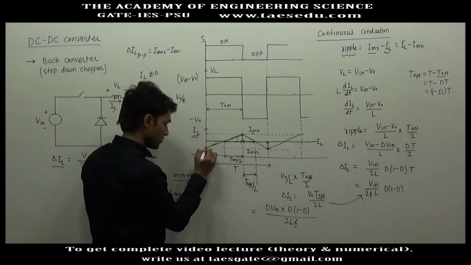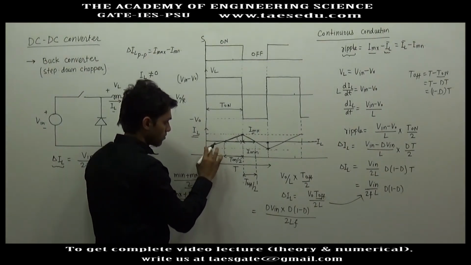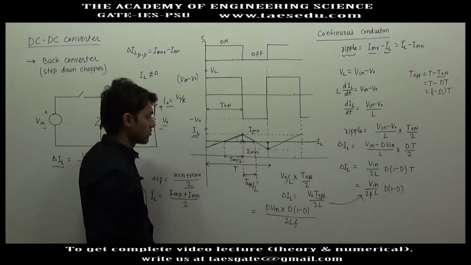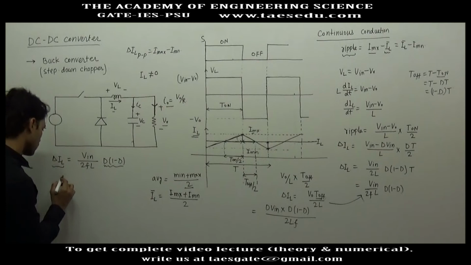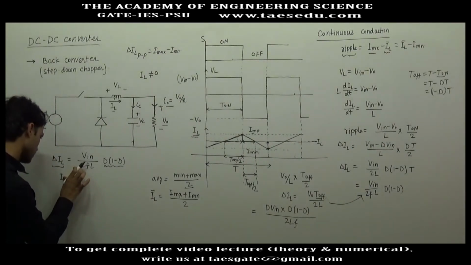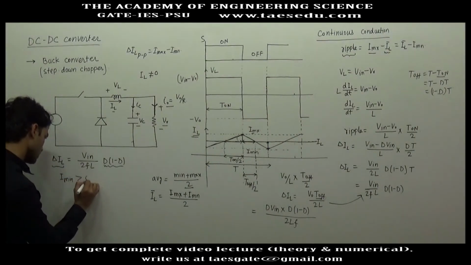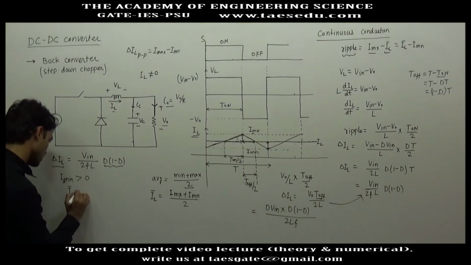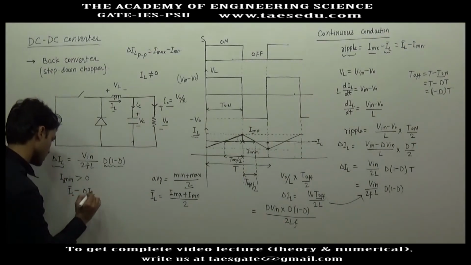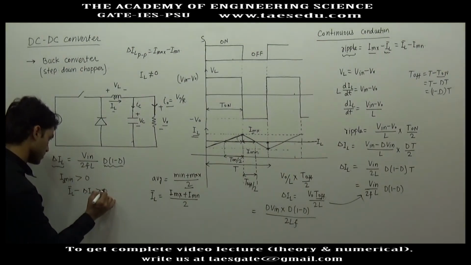If the minimum of inductor current is greater than 0, all the rest of the values of inductor current will be greater than 0. So what do you want? IL minimum must be greater than 0. And what is IL minimum? IL average minus delta IL must be greater than 0.